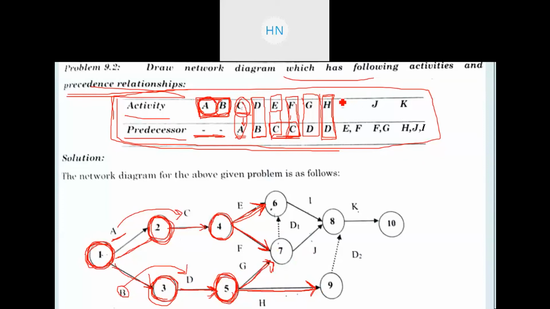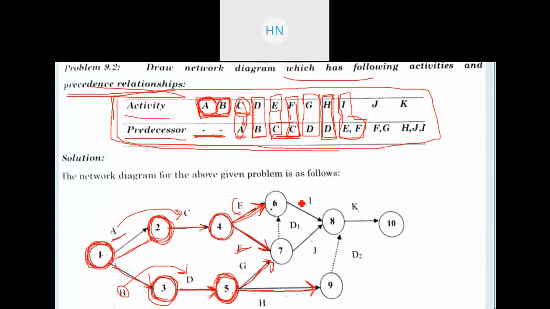Now after that you can see activity I has two predecessors, E and F. So I can only happen if E and F are completed. So we need to look for E and F. Where are E and F? So here this is E and this is our F, right? Now E and F are both separate activities, right?